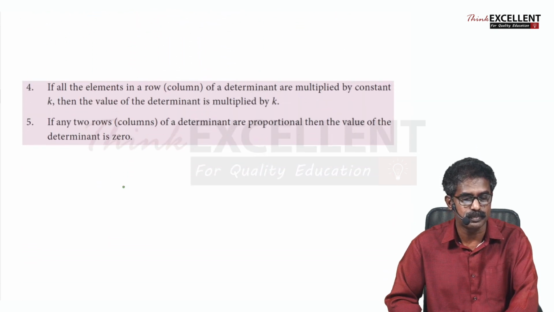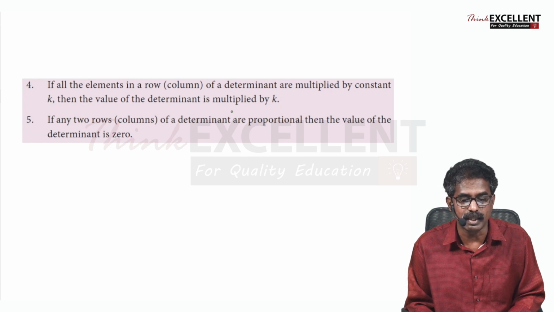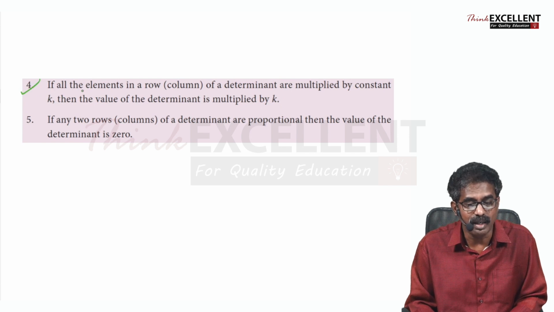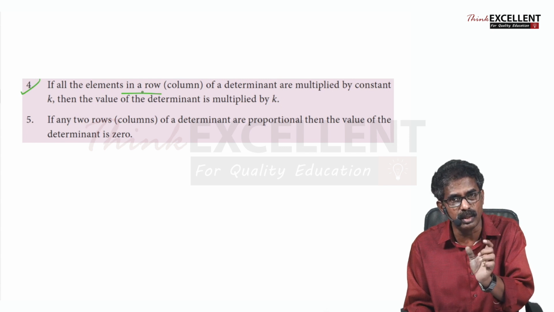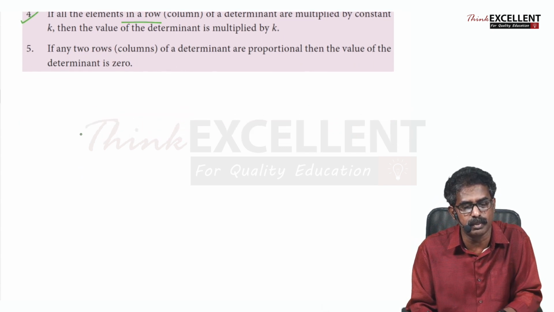See the fourth one. If all the elements in a row of a determinant are multiplied by a constant k, then the value of the determinant is multiplied by k. Have you understood? All the elements in one row, you multiply all the elements by something. So listen, I'm taking the same example.